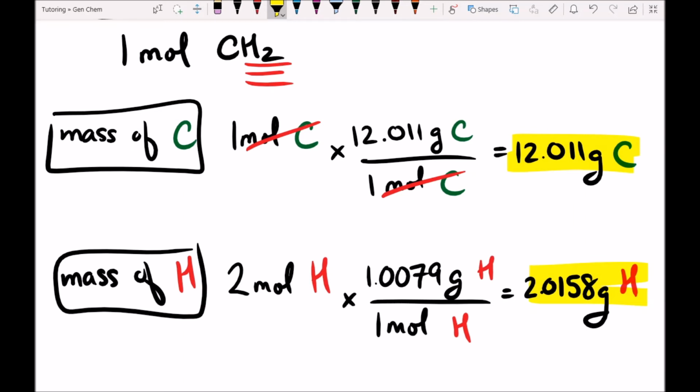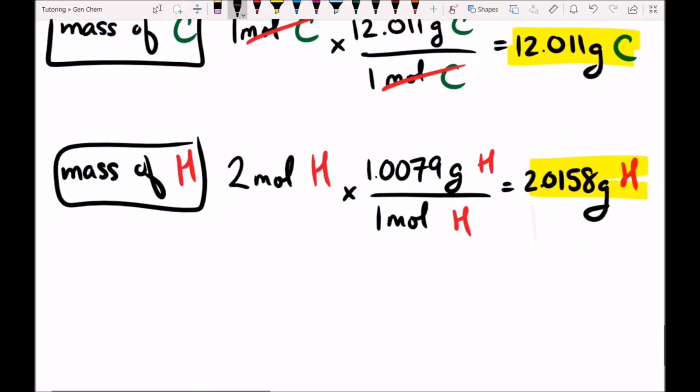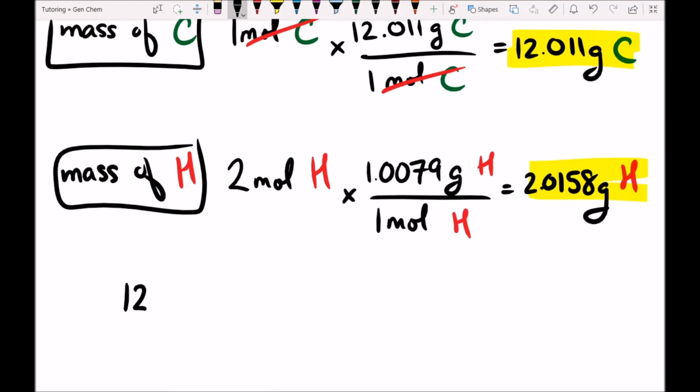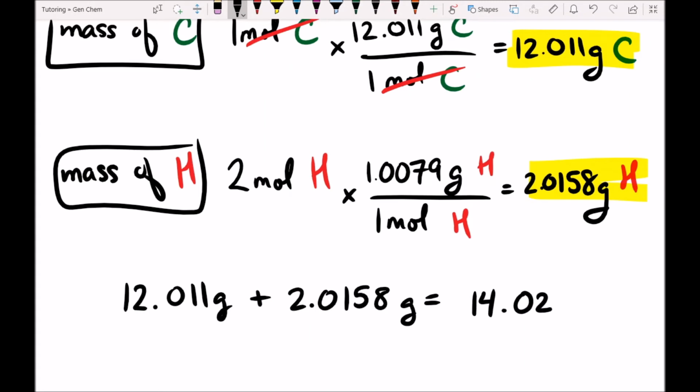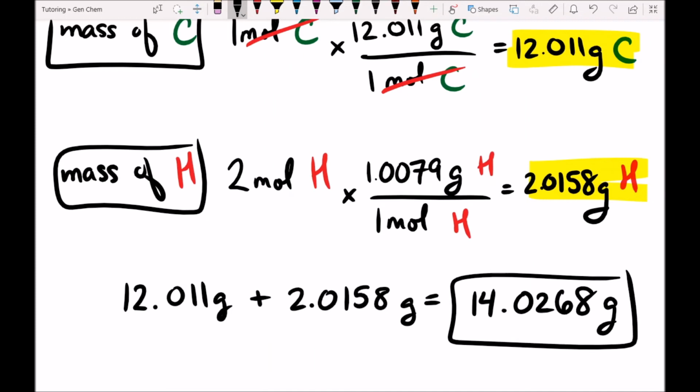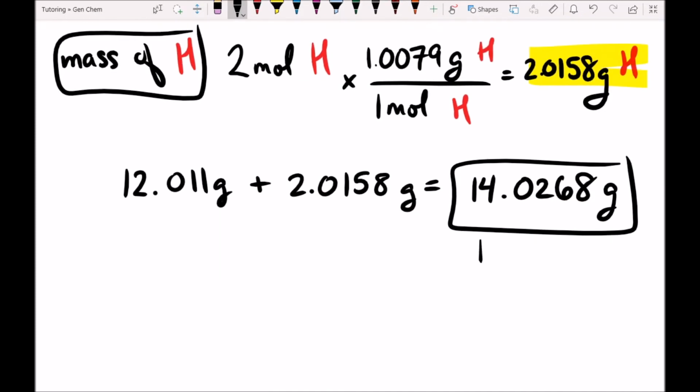So adding these values together gives us the total mass of CH2, that is 1 mole of CH2. So 12.011 grams plus 2.0158 grams gives us 14.0268 grams. And so that is our total mass for 1 mole of CH2.